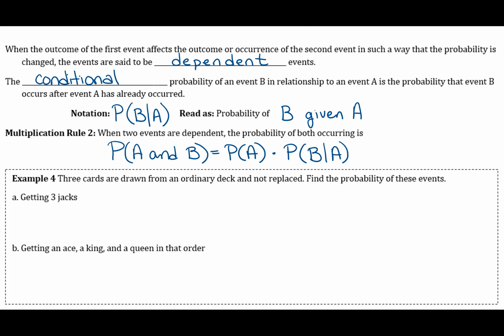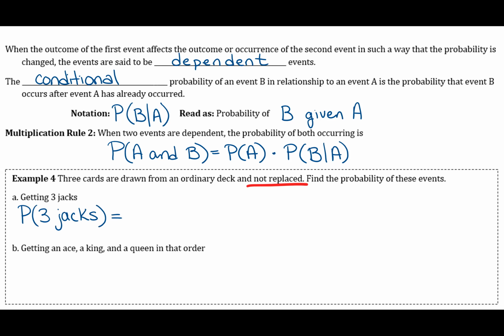So example 4 says that 3 cards are drawn from an ordinary deck and not replaced. Find the probability of these events. So getting 3 jacks. So let's think about this. We pick a card. What's the probability that it's a jack? Well, there's 4 jacks out of the total of 52, so that would be 4 out of 52.